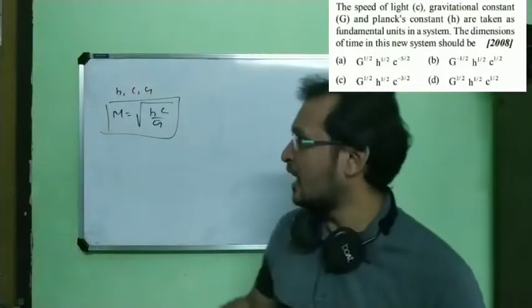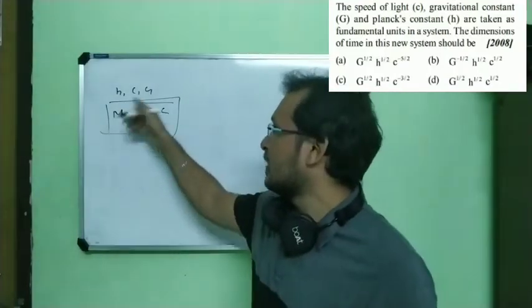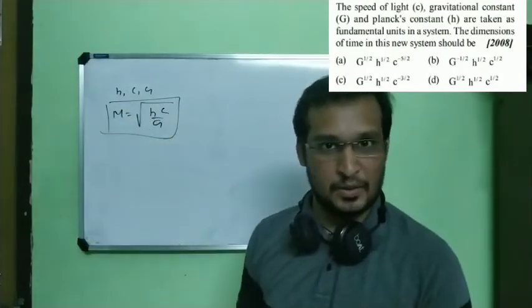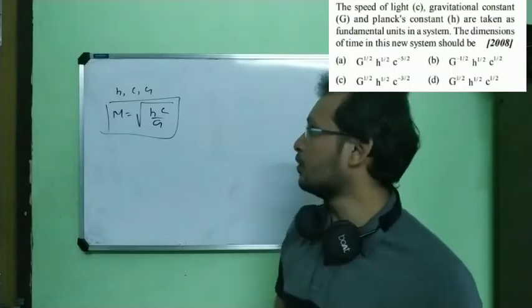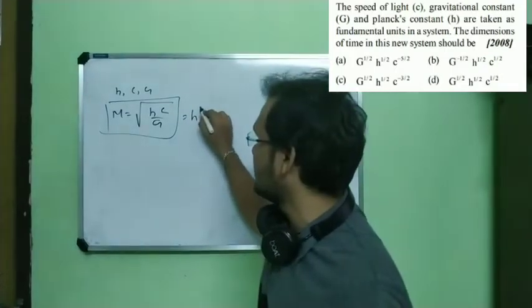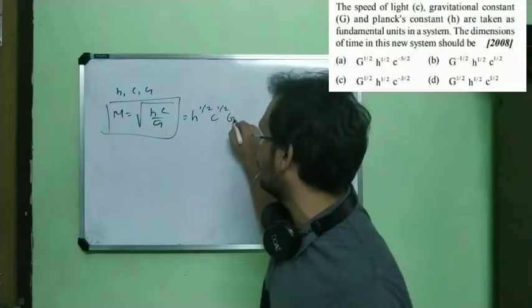We can derive it, but better to memorize it. It's very important. M equal to root of hc/G means h raised to 1/2, c raised to 1/2, G raised to minus 1/2.